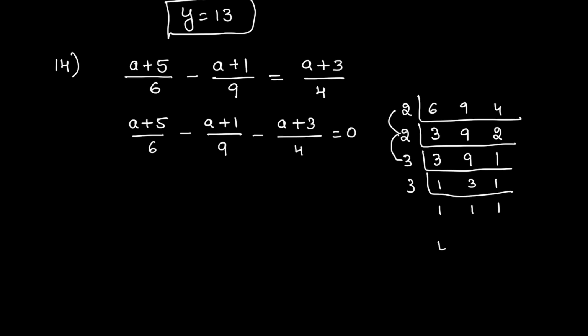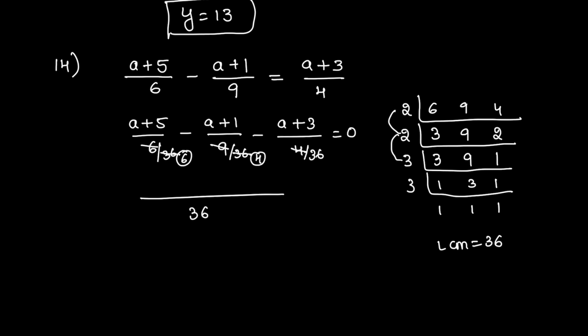So the LCM is 36. 36 divided by 6 is 6, 36 divided by 9 is 4, 36 divided by 4 is 9. All these multipliers have to multiply the numerators.